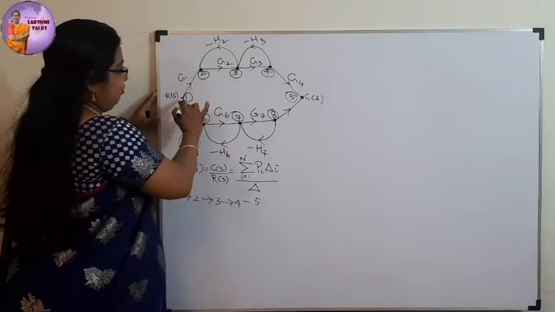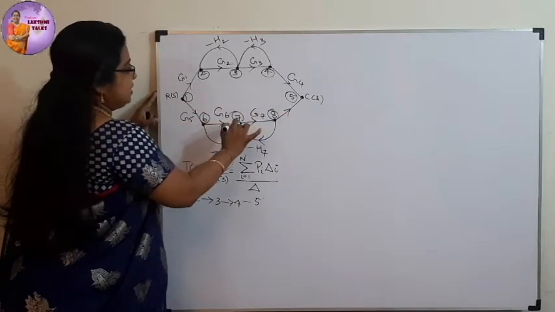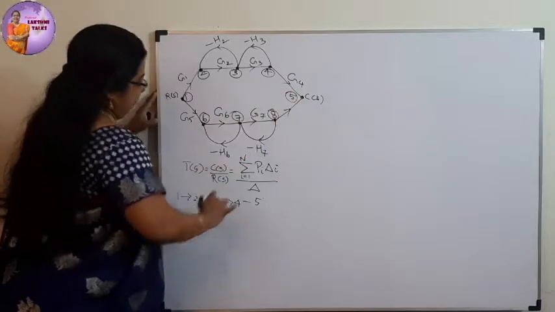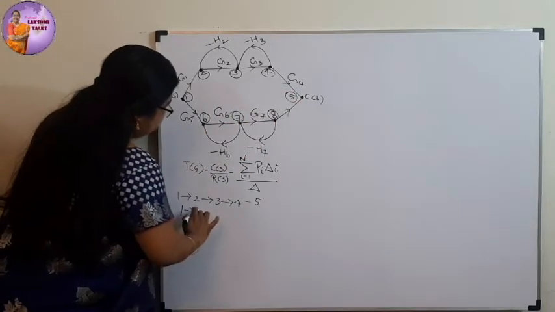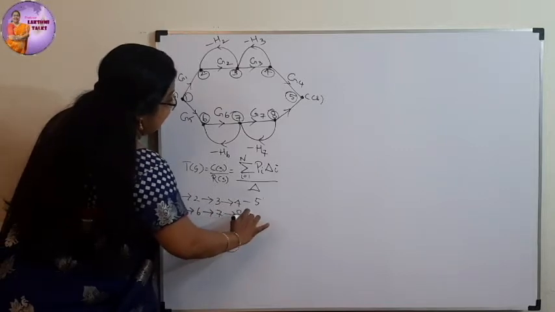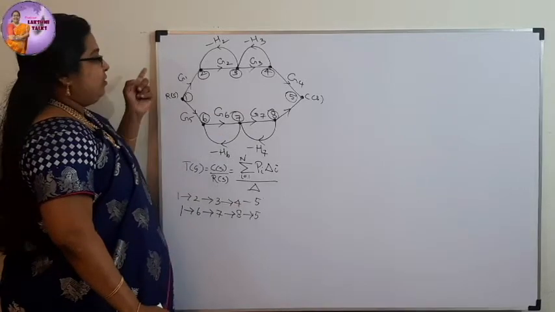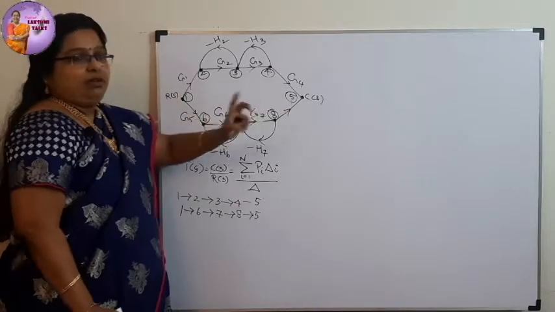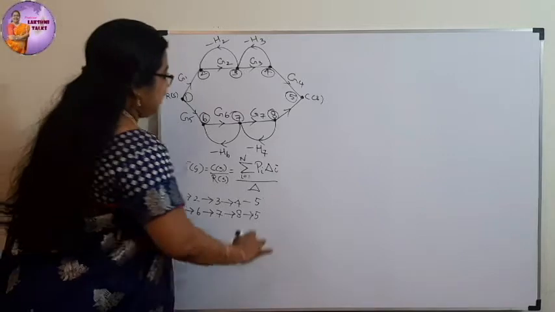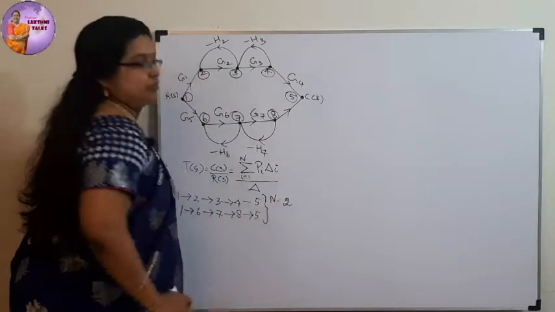What is the other path? For going from 1 to 5 we have yet another path: 1 to 6, 6 to 7, 7 to 8 and then to 5. Is there any other path from 1 to 5? No. So capital N is equal to 2.